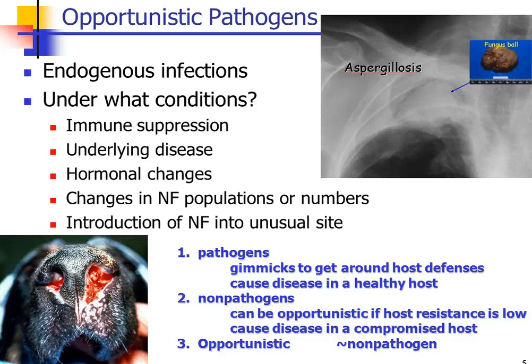So, for example, in kids that are going through puberty, 11, 12 years of age, and into the teens, there's an increase in oil secretion from the oil glands, and oil and lipids are favorite nutrients of staph. And you start to get a lot of staph infections, and staph infections are associated with pimples and blackheads and boils and things like that, and acne. So here's some conditions that can predispose you to normal flora infections.